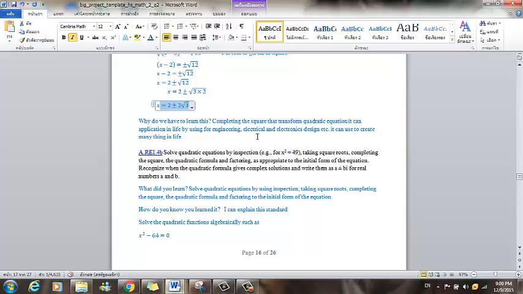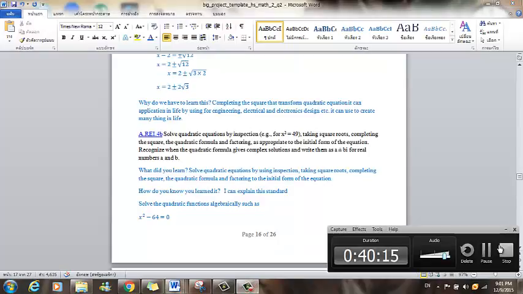So why do we have to learn this? Completing the square is to transform quadratic equations. We can apply it in life, for engineering, for example electromagnetic design, or we can create many things in life too.